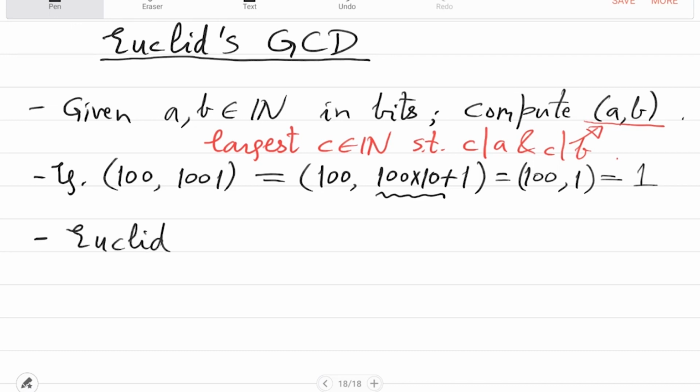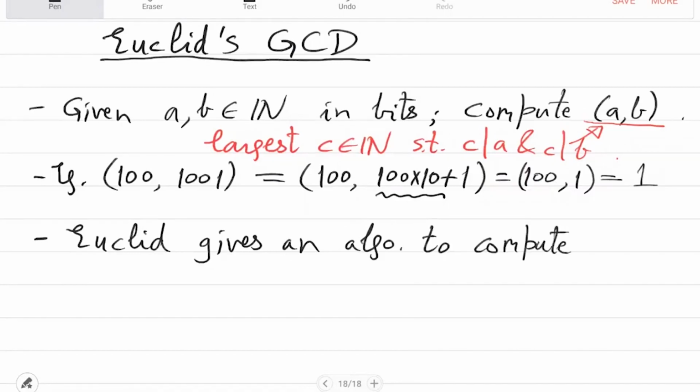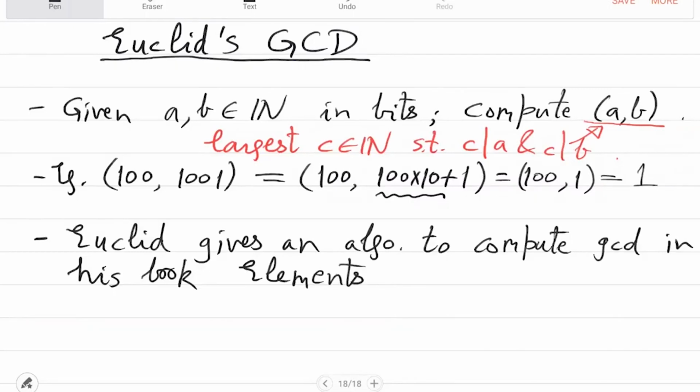So Euclid gives an algorithm to compute GCD in his book called Elements, in Greek.